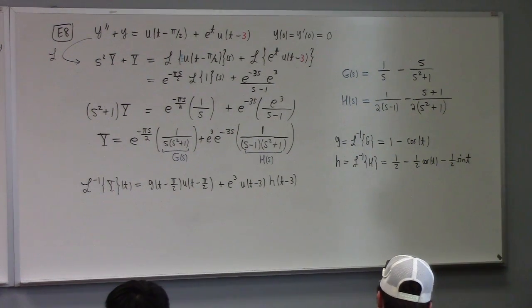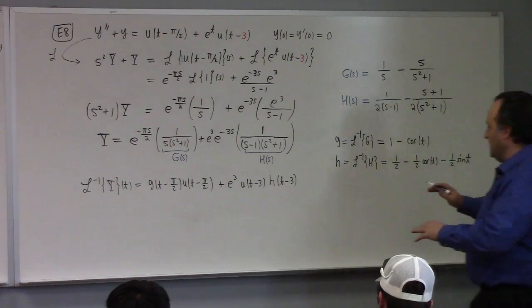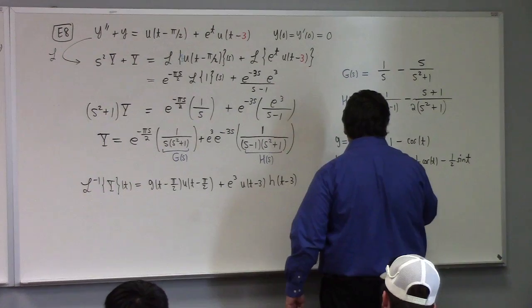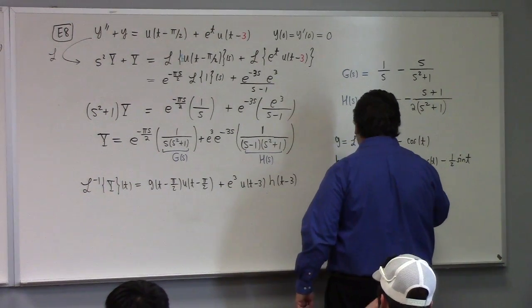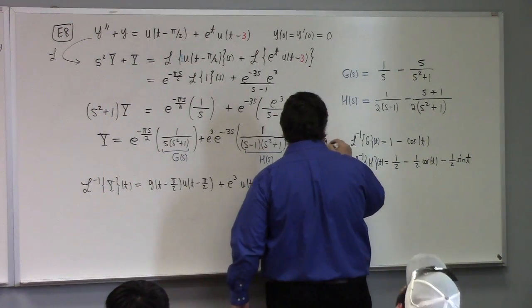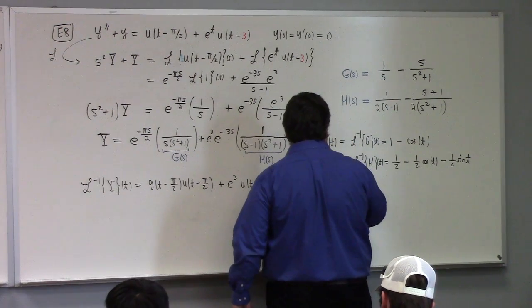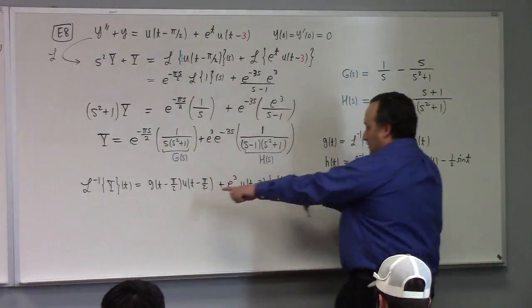Now that I have those, this is exactly where I should really be careful. This is of t, this is of t, and we're talking about g of t. The of t here matters because we're going to do something other than of t right here.